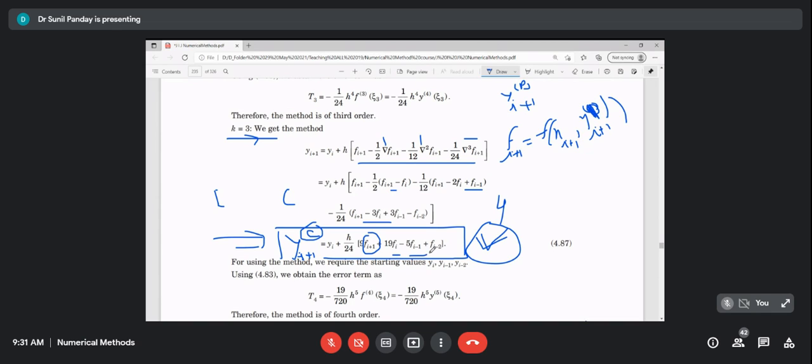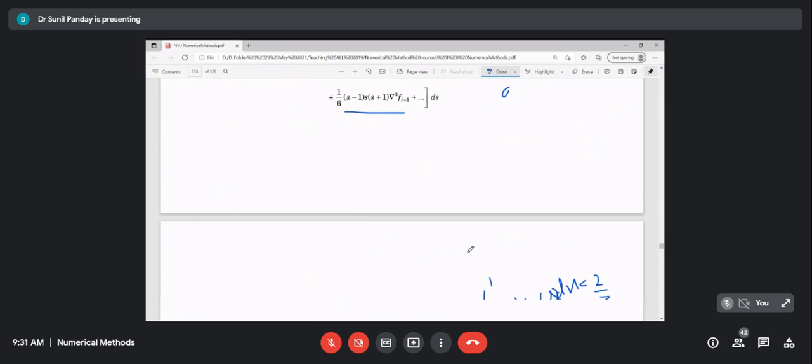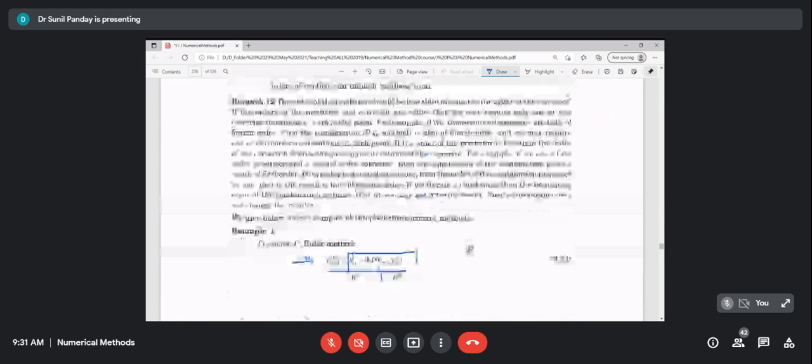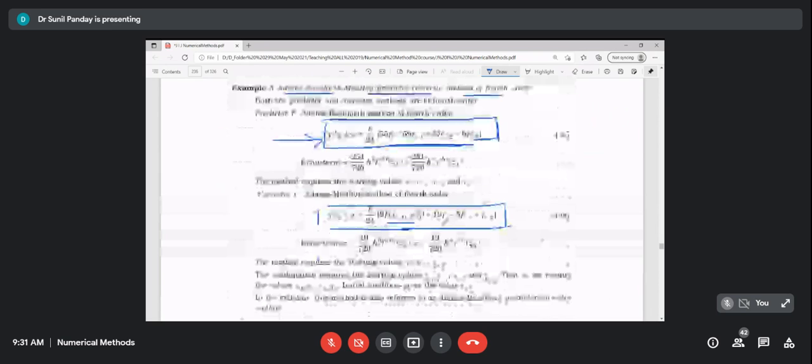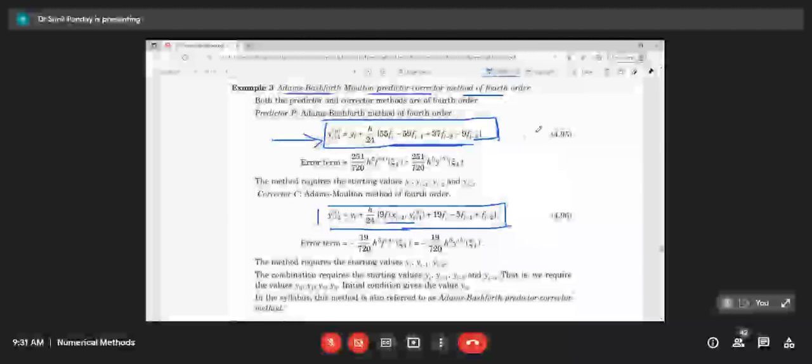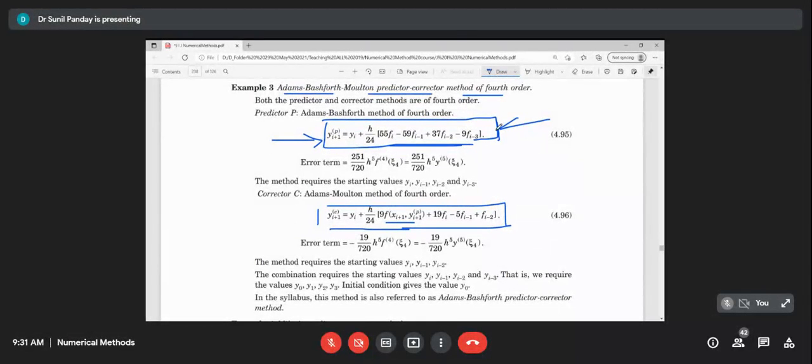Other things remain the same, like f of xi yi, f of xi minus 1 yi minus 1, f of xi minus 2 yi minus 2. So here you can see this is our Adams-Bashforth fourth order method, and we are getting the value of yi plus 1.